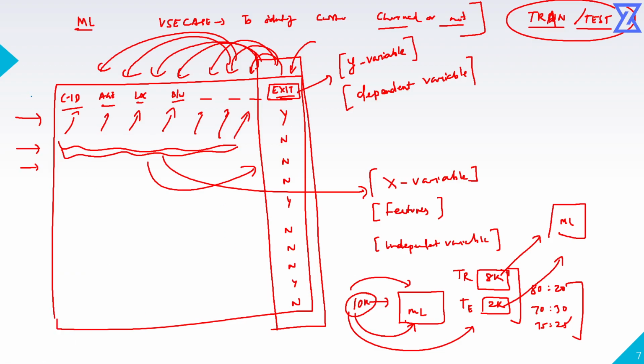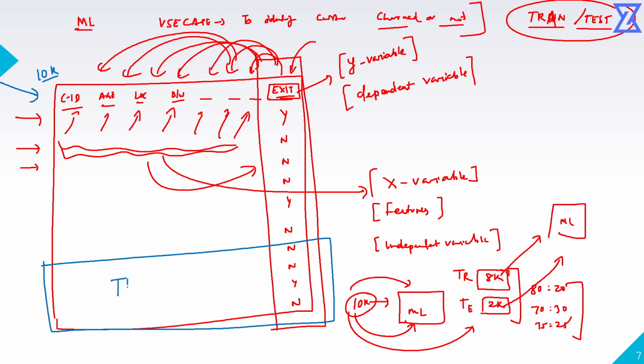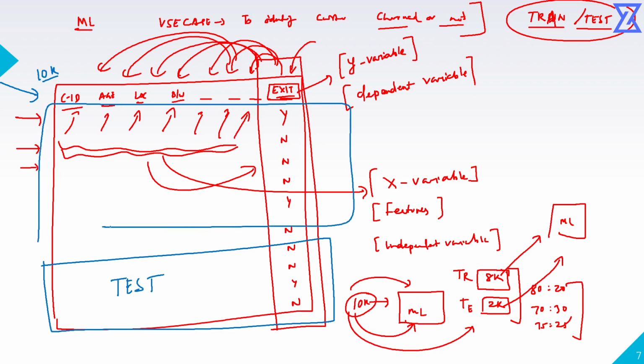Simply, it means this. Imagine you have 10,000 records here. This blue chunk is my testing data, and the upper chunk is my training data. I will create my machine learning model on my training data. I will pass my training x data and my training y data.